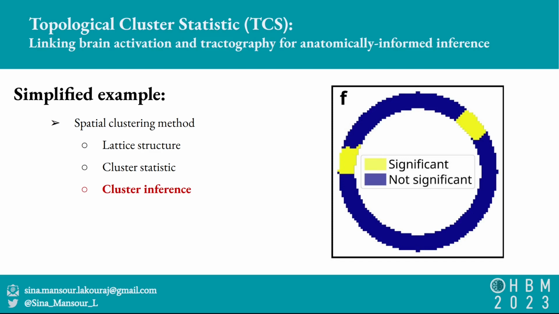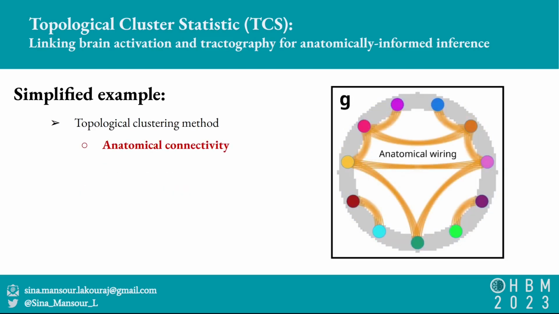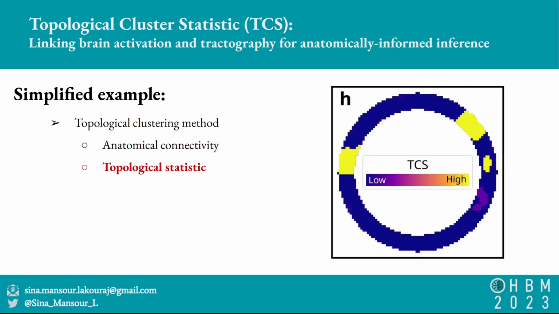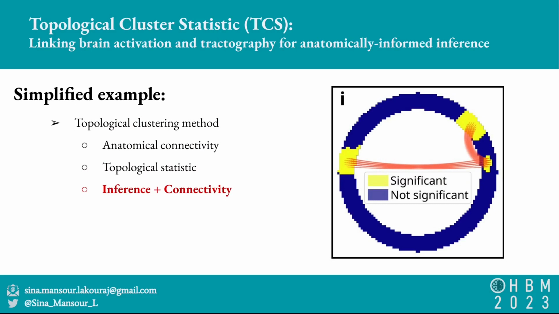The idea behind TCS is if we had information about the underlying anatomical wiring of the brain, we could use that information to reconstruct the network that was implicated in that activity pattern, and therefore we would ideally be able to detect not only the larger regions of activity, but also that smaller region. We would also be able to provide information about the implicated subnetwork that constructed that activity pattern, and this could be useful for interpretation of the findings.